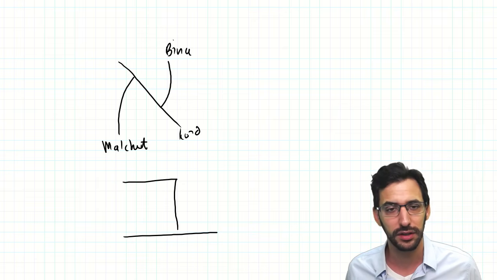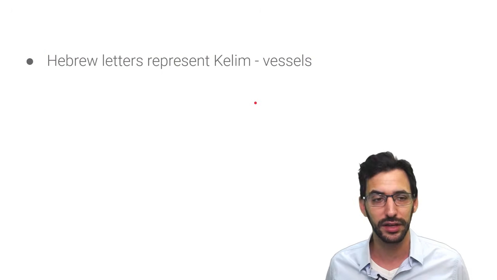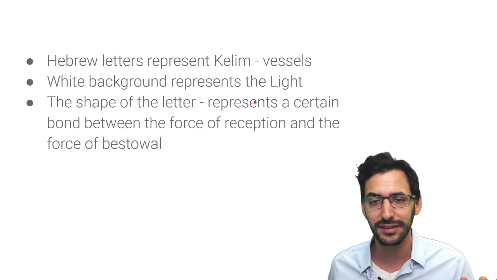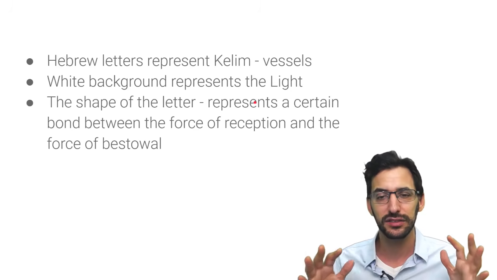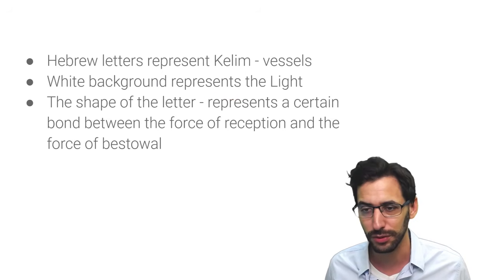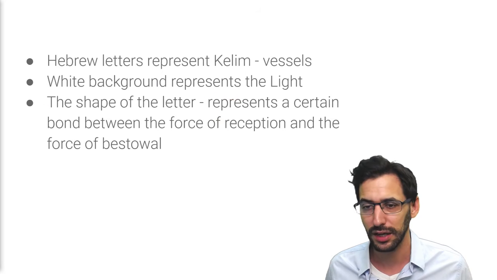So Hebrew letters represent, like we said, kelim. The white background is light, and the shape of the letter is a certain bond between the force of reception and the force of bestowal.